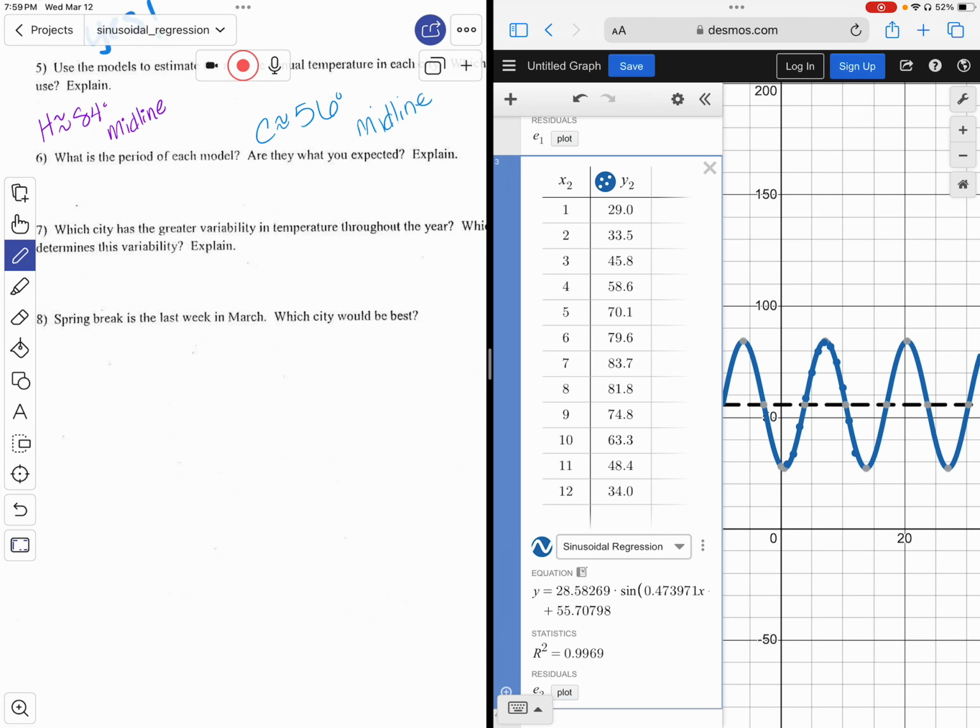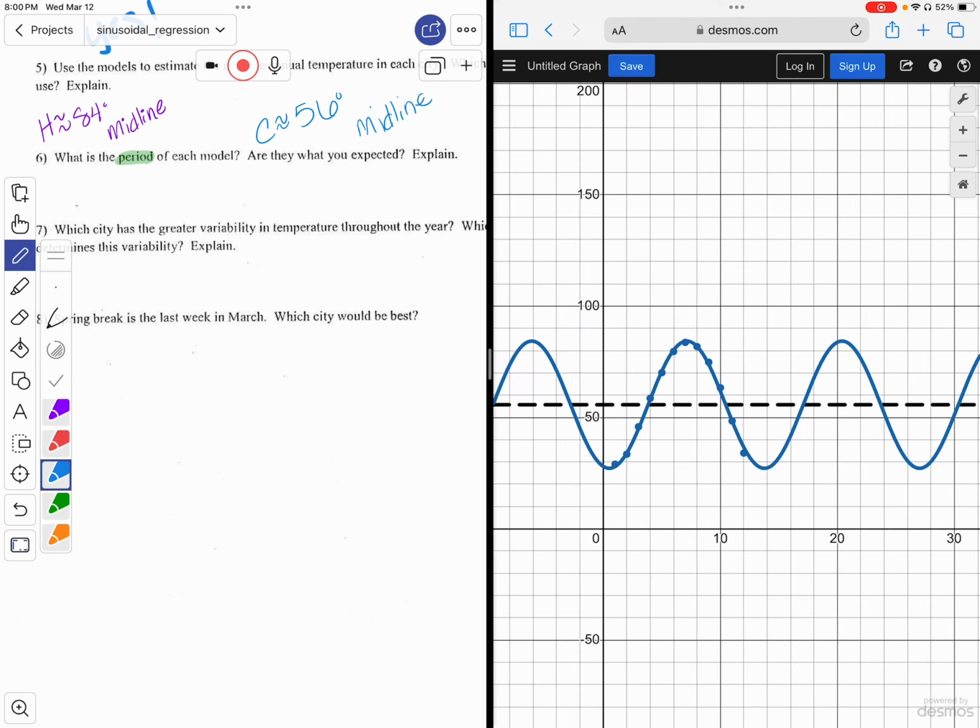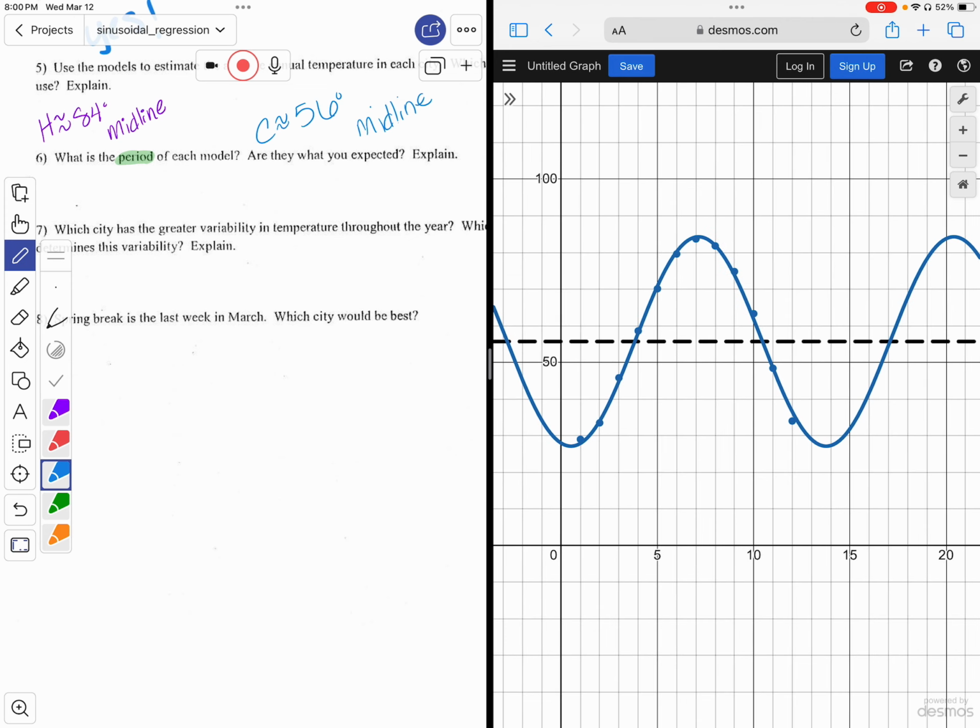What's the period of each model? So again, period means the amount of time or space for it to complete one hill and one valley. It has to go up one time and down one time. I'm already here in Chicago, so I'll stay in Chicago.